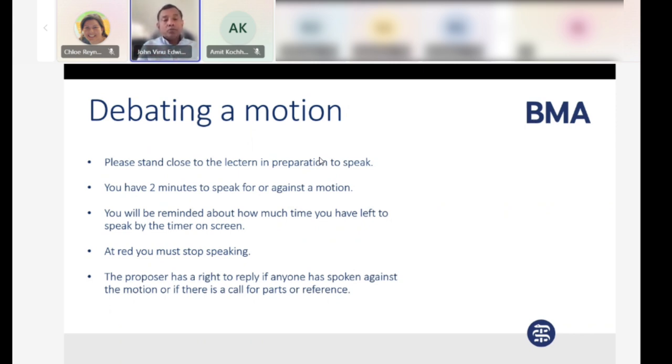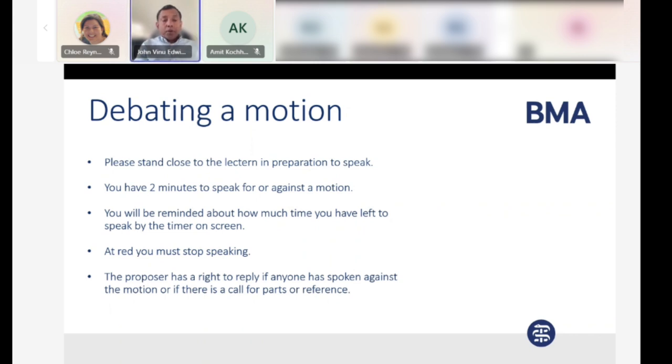So you basically time yourself. At the red you must stop speaking. So you pace yourself so you can stop speaking at red. The chair otherwise will intervene to stop your proposal, in view of the time.